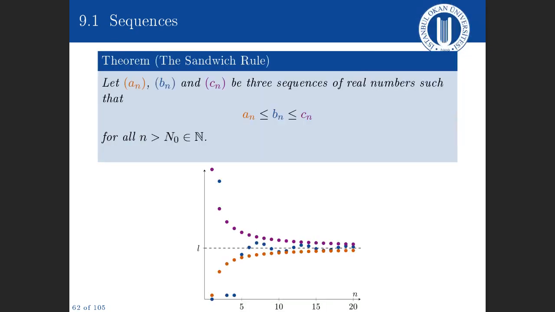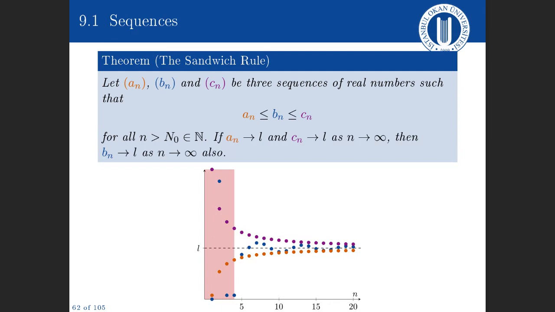The final rule is the sandwich rule. Let's suppose we've got three sequences which satisfy that a_n is smaller than b_n is smaller than c_n for all n bigger than n0. Now, looking at the picture at the bottom, we don't care what happens at the start of the sequence. We don't care what happens in this red band.